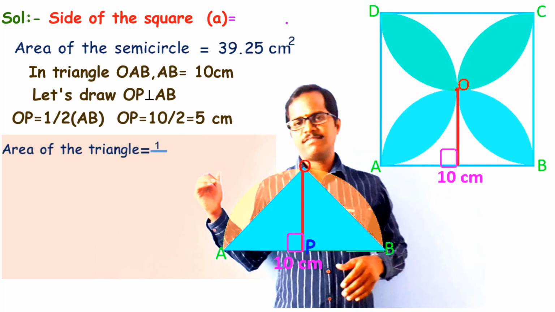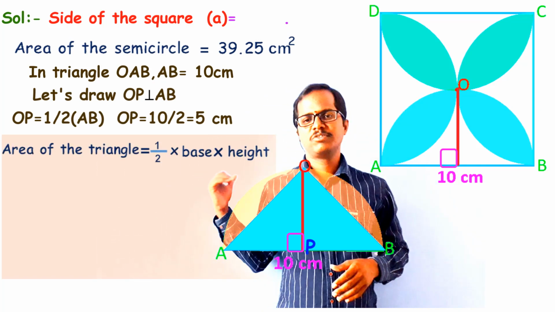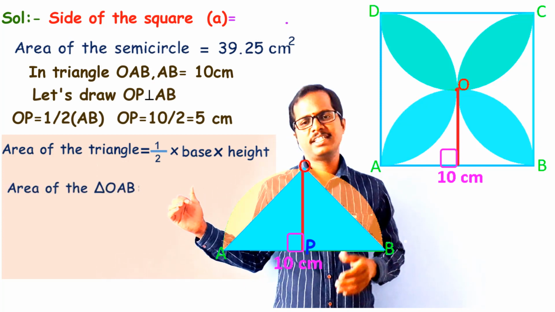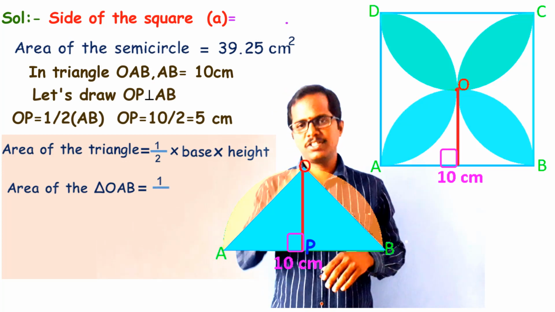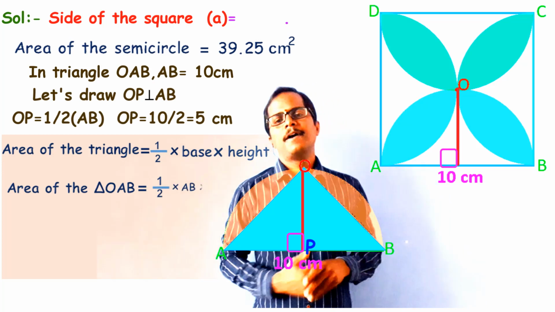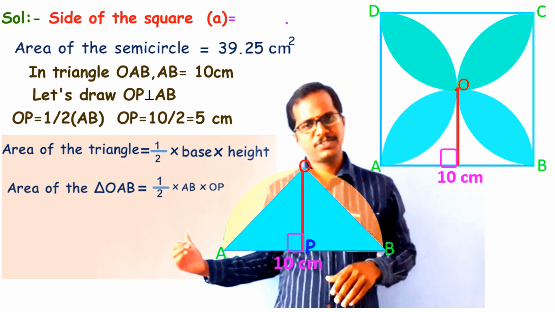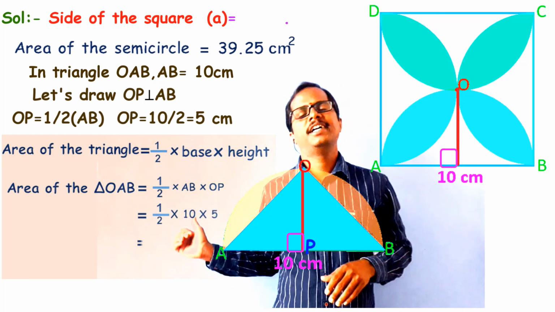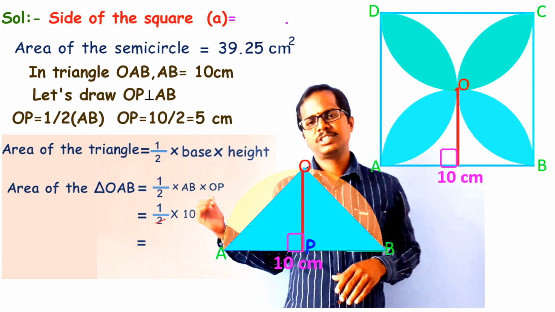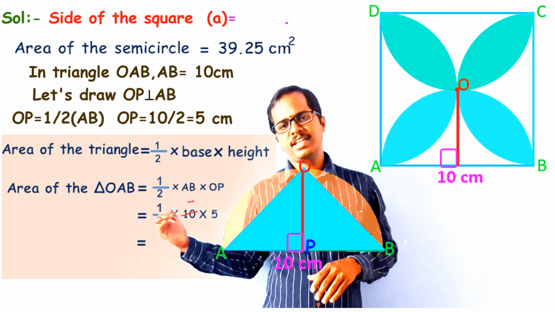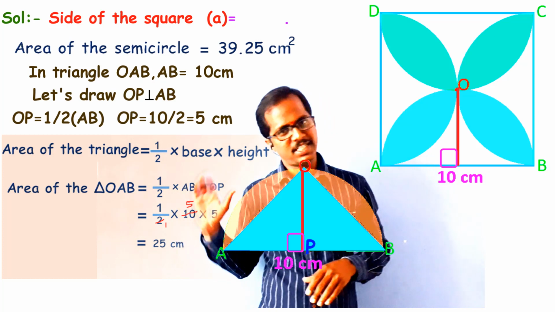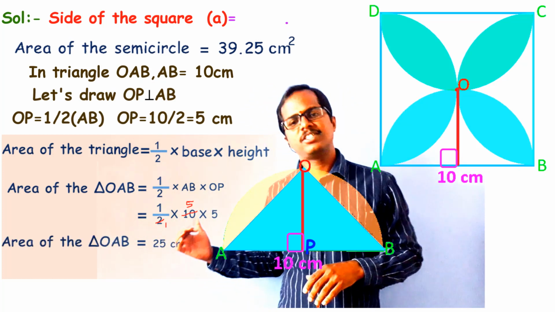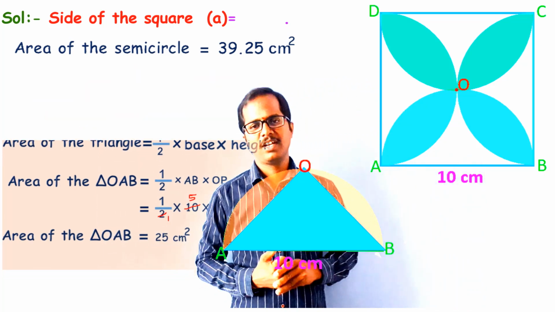The area of the triangle OAB equals half into base into corresponding height, half into AB into OP. Substituting the values, half into 10 into 5. By simplifying this, 2 1s are 2, 2 5s are 10, 5 5s are 25. So we get the area of triangle OAB as 25 centimeters square.